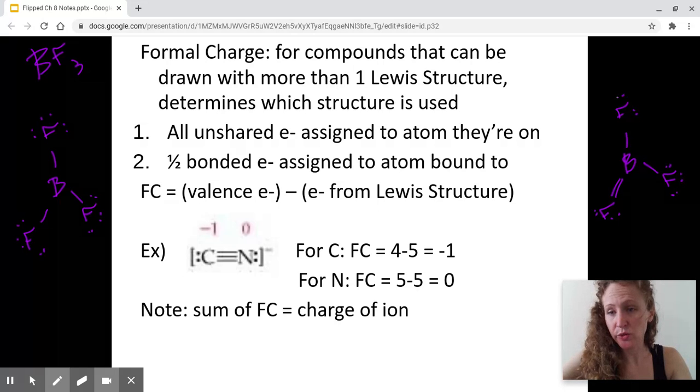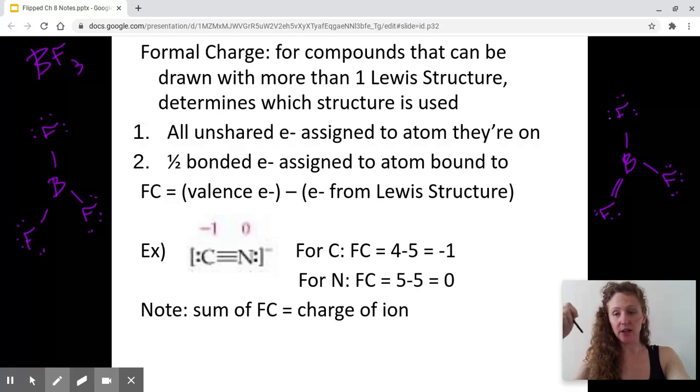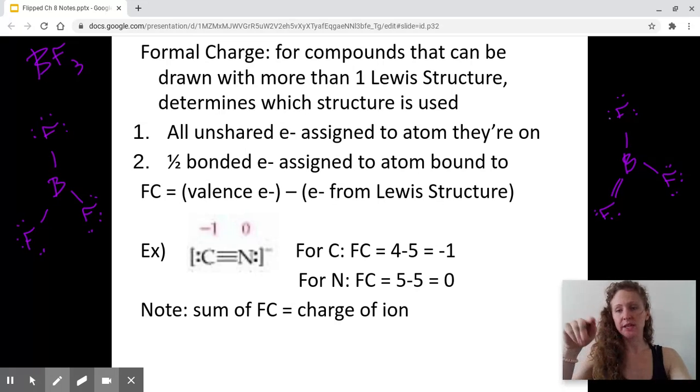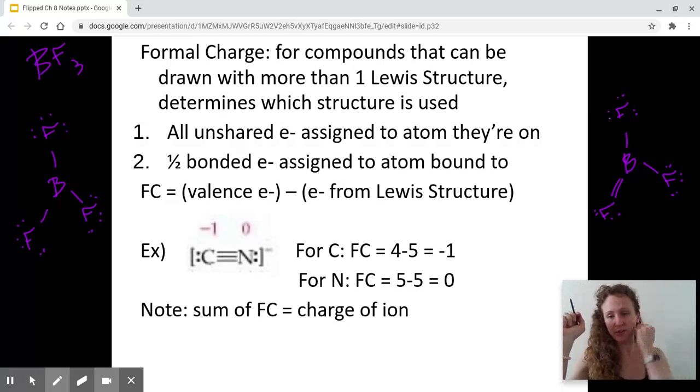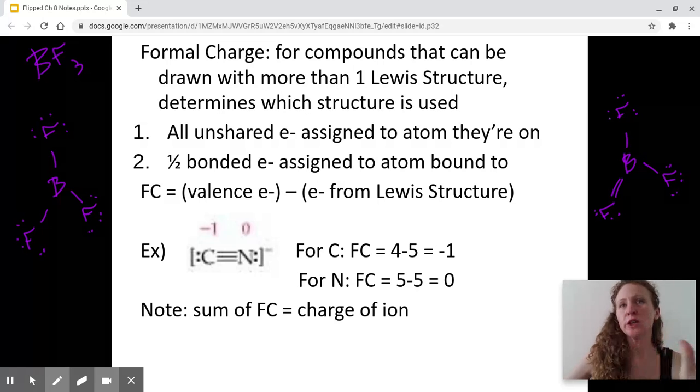What we're going to do is calculate formal charges for every atom on both of these molecules, and then compare how the formal charges come out. Now would be a good time to pause the video, or at least don't look at the video, and calculate these formal charges on your own paper. See if you get the same formal charges that I get.